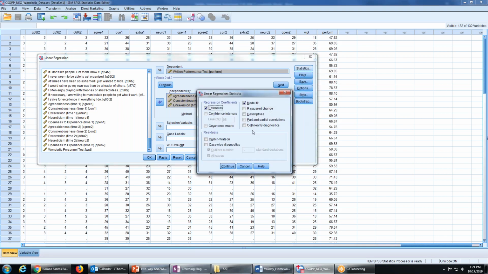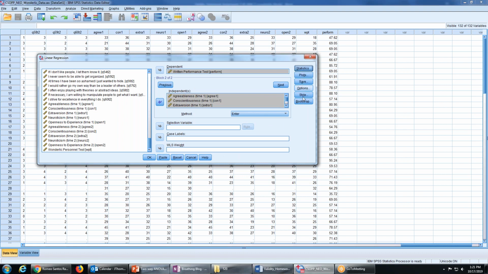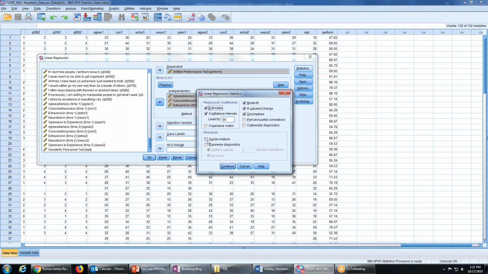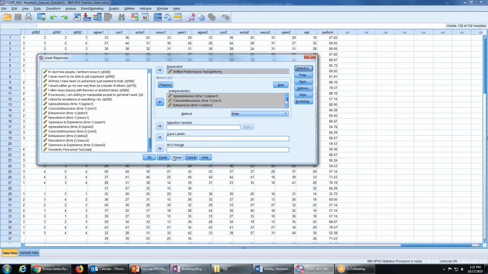I want to go to statistics and click confidence intervals, descriptives, and R-square change. And continue. Actually, I'm going to also hit Durbin-Watson and collinearity statistics, just to make sure I don't have any violations. And then hit OK.